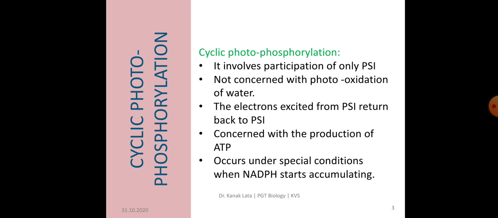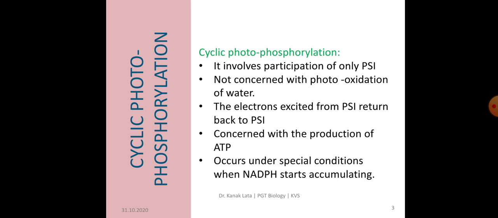Now it is about cyclic photophosphorylation. Cyclic photophosphorylation involves only photosystem 1, that is PS1, and it is not concerned with the photooxidation of water. The electrons which are excited from photosystem 1 are again returned back to photosystem 1.